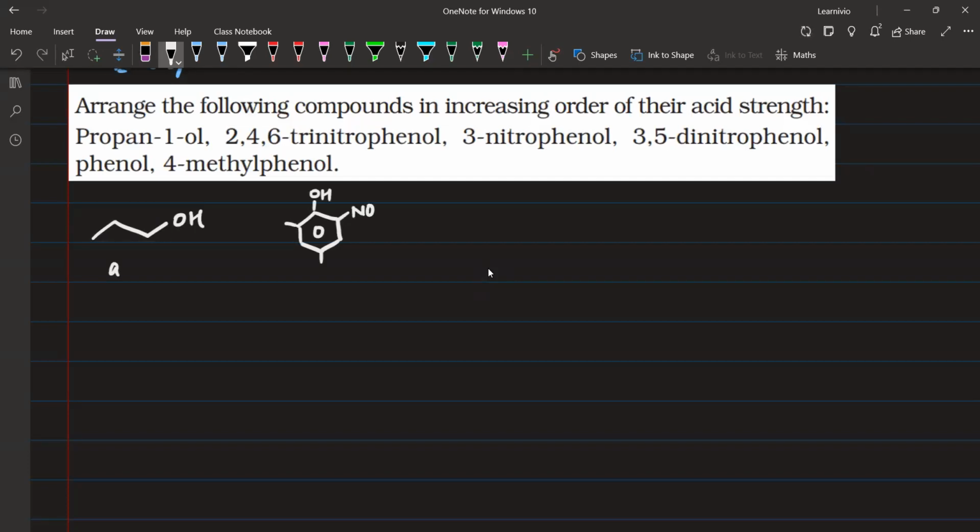So you have NO2, NO2, NO2. Trinitrophenol. Then phenol with nitro in the third position, that is NO2. Then we have 3,5-dinitrophenol. Here we are going to have OH, and 3 and 5 both are going to have NO2.